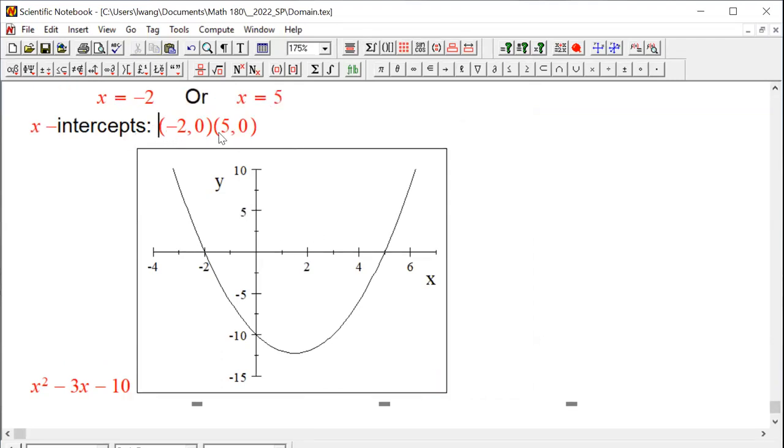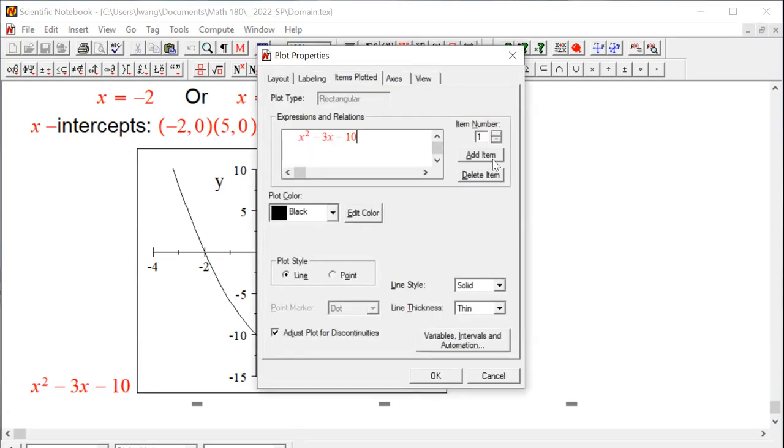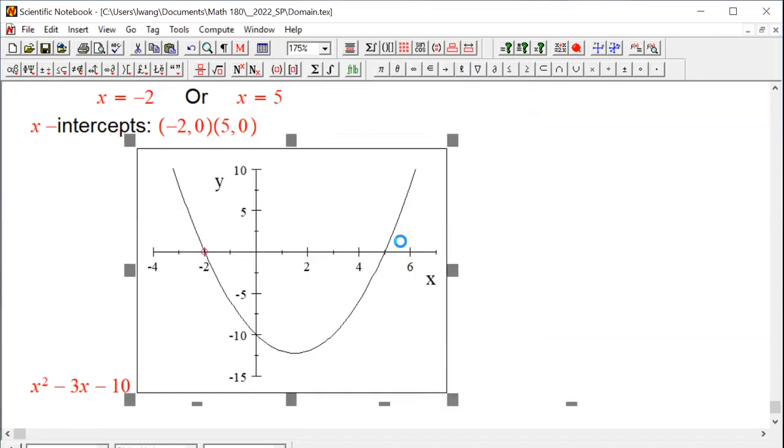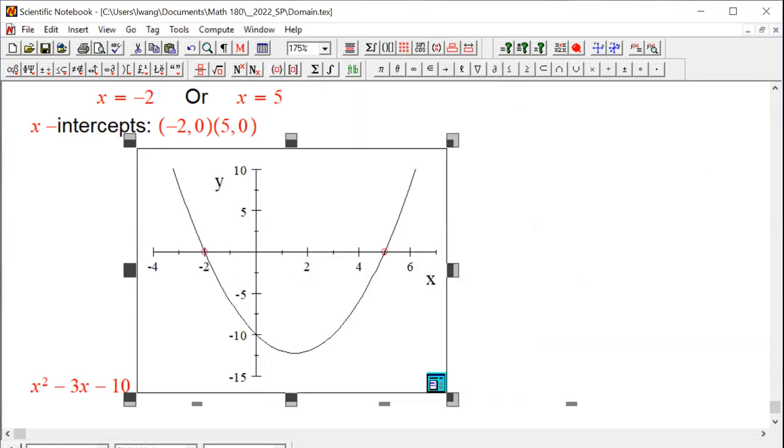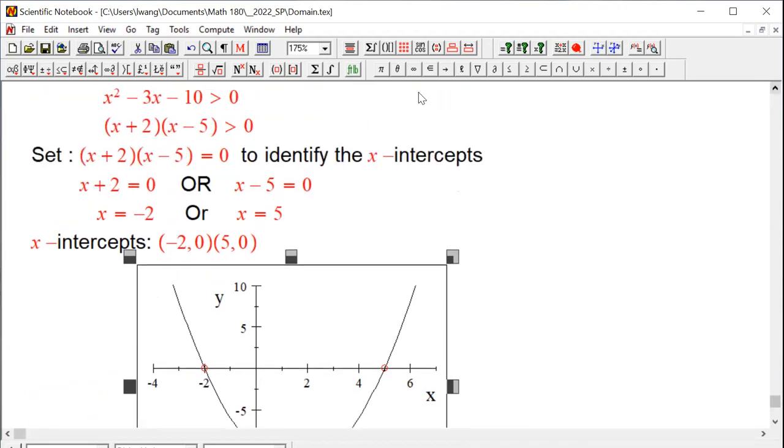So the x-intercept here now has a place in the picture. The red dot. Should I have dot or circle? I think we should have circle. Let's have circle first, and I will explain why we need circles. Because we want the product to be positive, which does not include 0.